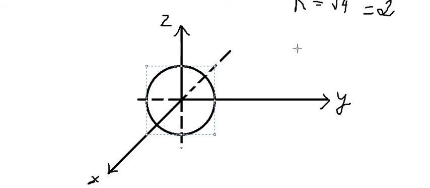Because of Y squared plus Z squared, the center is at 0, 0, and the radius is number 2. So we put number 2 in here, negative number 2, negative number 2. Because this is behind the XY, we need to create the dots in here.